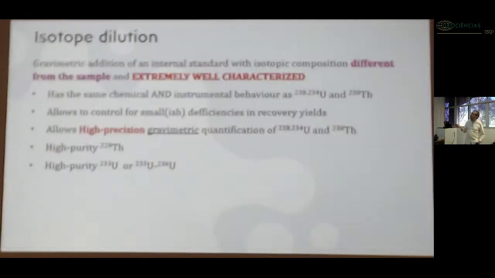When I mean that they are extremely well characterized, they have to come with some kind of certificate like this. These are the certificates for the spikes that I have for thorium-229 from Oak Ridge National Lab. It has to give you an idea of the thorium isotopes present and their abundance. For the 233 spike that we have, it has to give us also an idea.